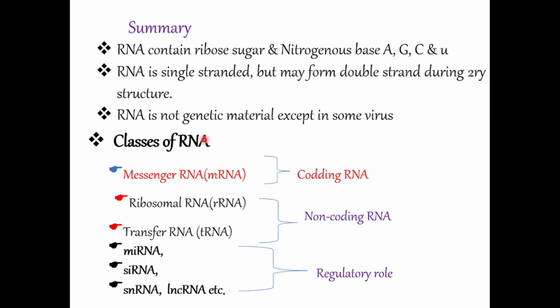Different classes of RNA: messenger RNA is a coding RNA because it codes for proteins. It codes for the amino acids. It contains a sequence of codons. Ribosomal RNA is very important in ribosomal assembly and has a structural role. Transfer RNA has many roles in protein synthesis.